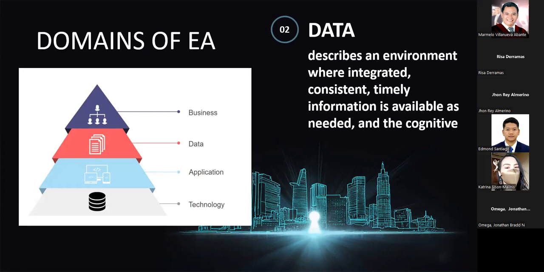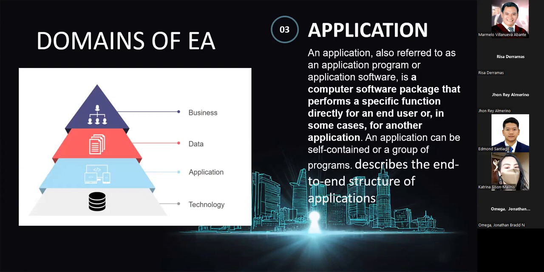So let's proceed to the application. An application, also referred to as an application program or application software, is a computer software package that performs a specific function directly for an end user or in some cases for another application. An application can contain a group of programs and describes the end-to-end structure of an application.